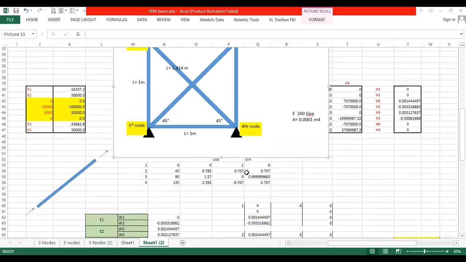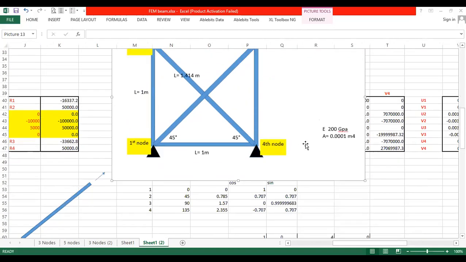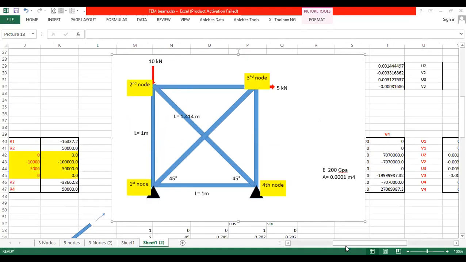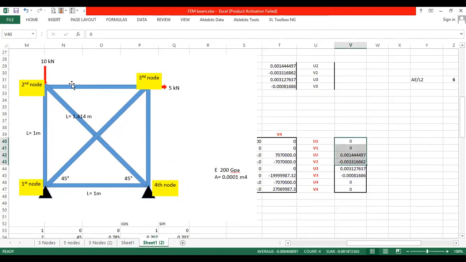So you can see element 1 is connected to first node and second node, right? That means u1 v1 and u2 v2 are related to that. For this one, second node and third node. For element 3, it was defined from fourth node to third node. That order is essential, right? So that means u4 v4 and then u3 v3.